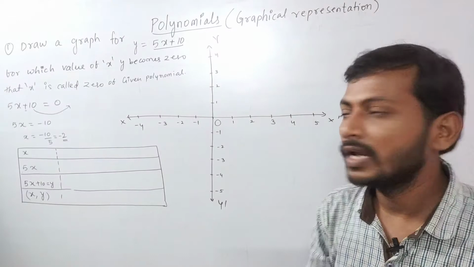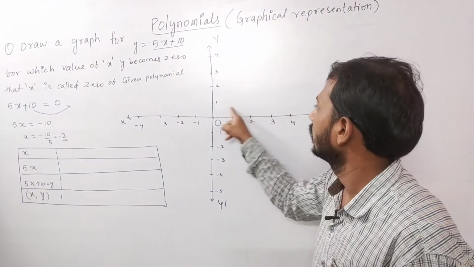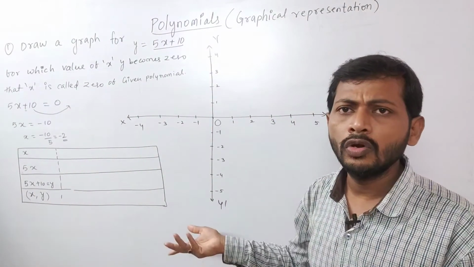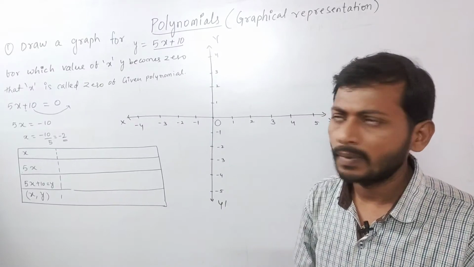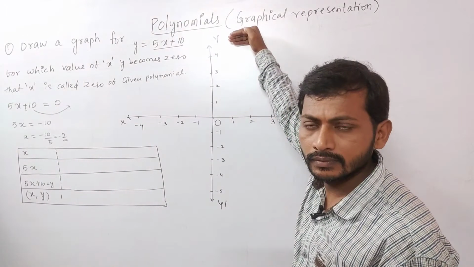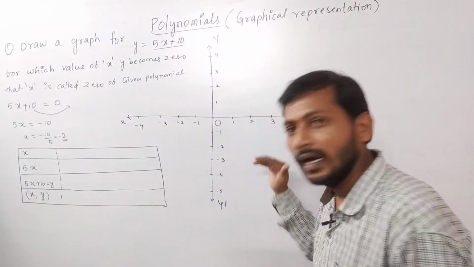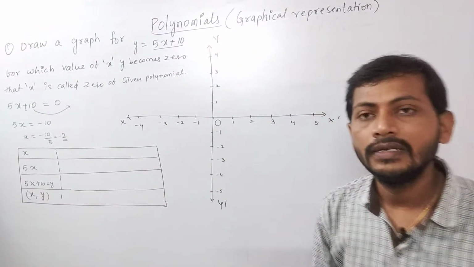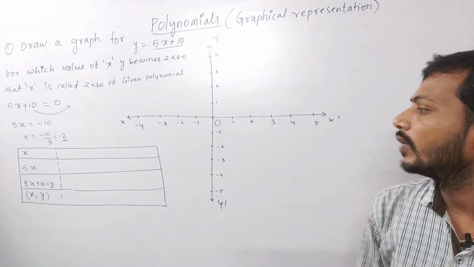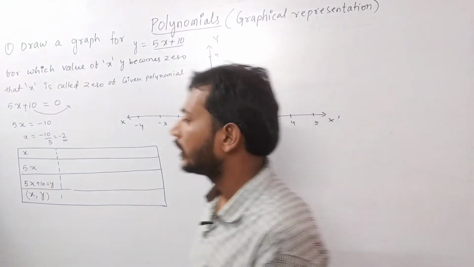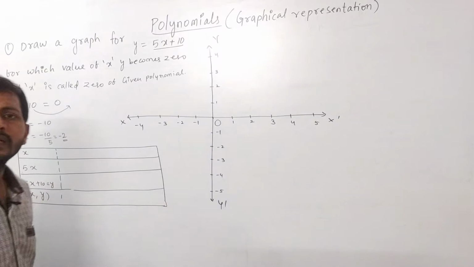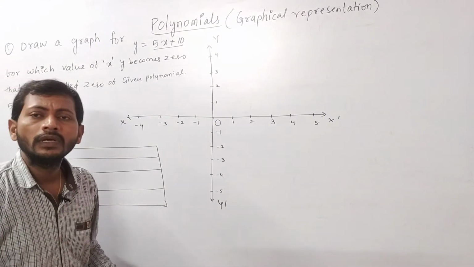When you take a plus value, it belongs to this side. If the y values you get are plus, it will be on the upside. If you get negative y values, it will be on the downside. Isn't it clear?